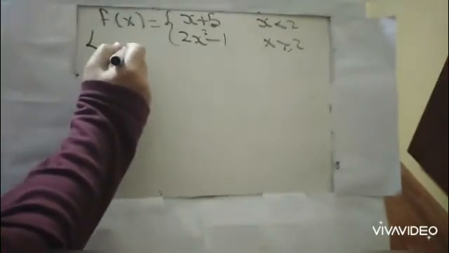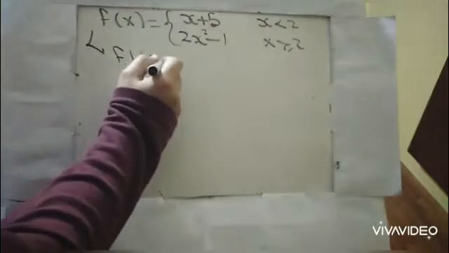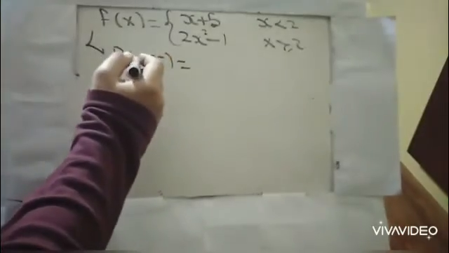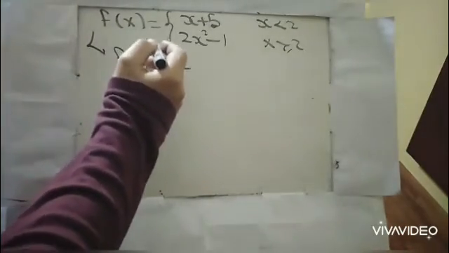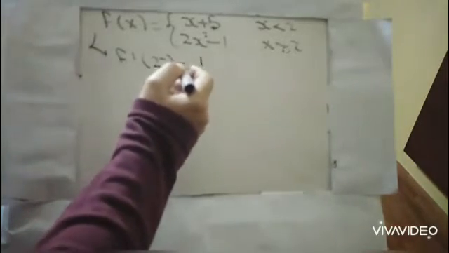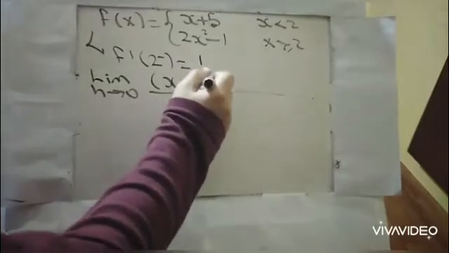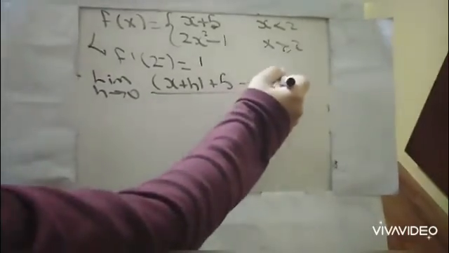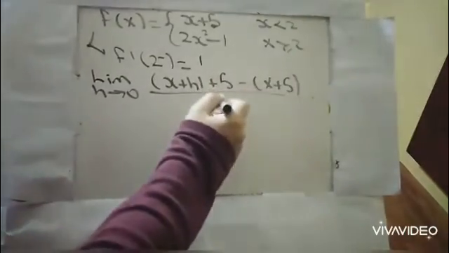So I will write f'(2) negative. It means I'm getting the slope at the left of 2. By the quick method, what's the slope of x plus 5? It will be 1. But by the other method, the method of rate of change, it will be the limit as h approaches 0 of (x plus h plus 5 minus the function itself) all over h.